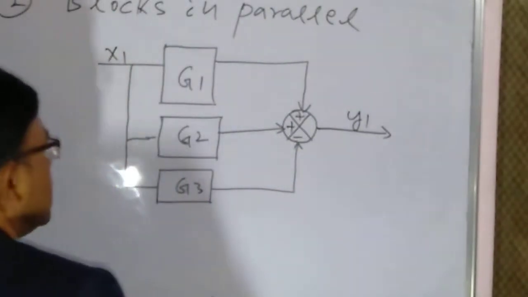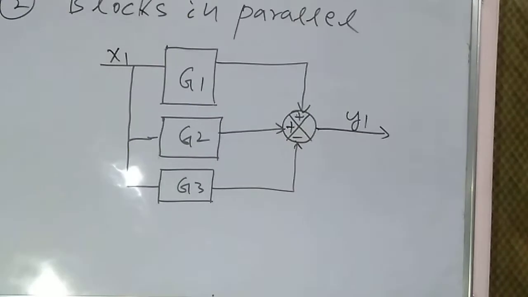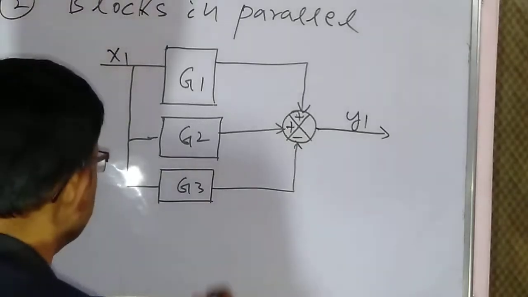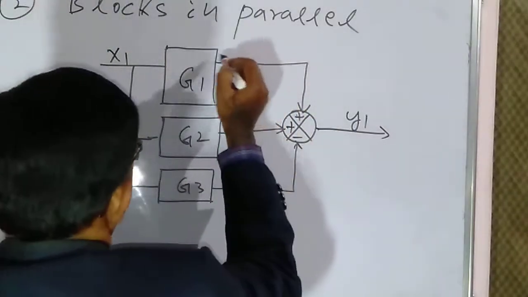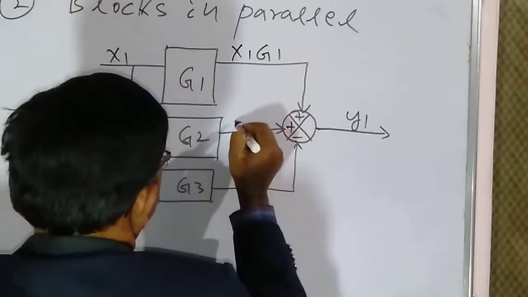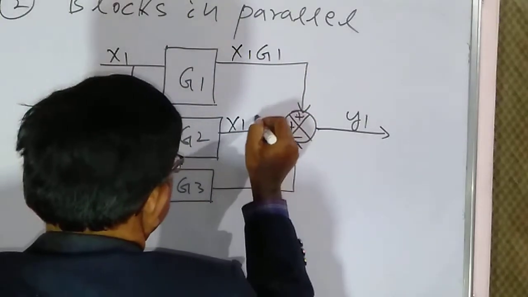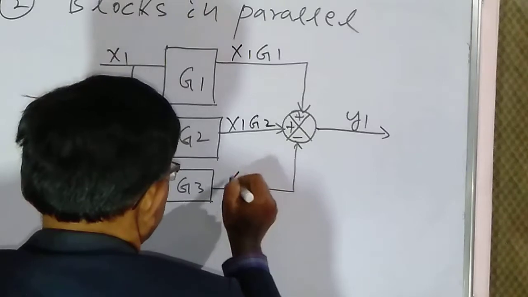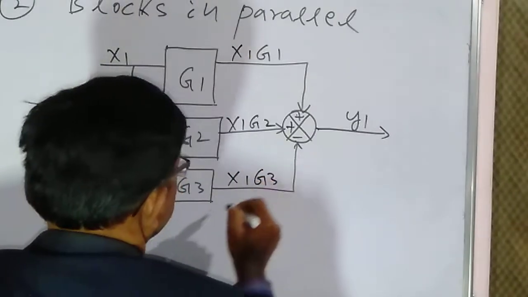So if we replace these three blocks with a single block, then what change will occur? What is the output? Obviously x1 G1, x1 G2, x1 G3.